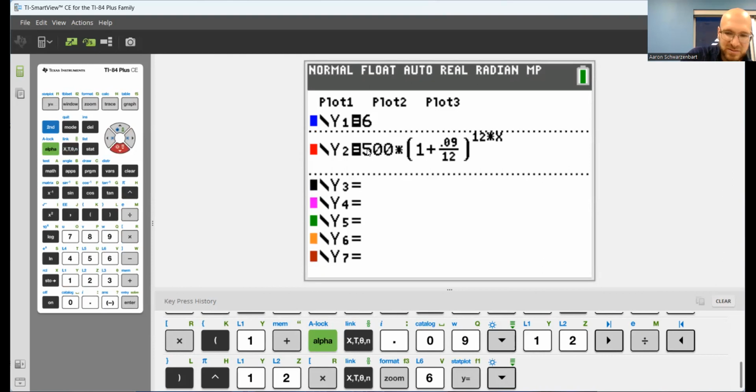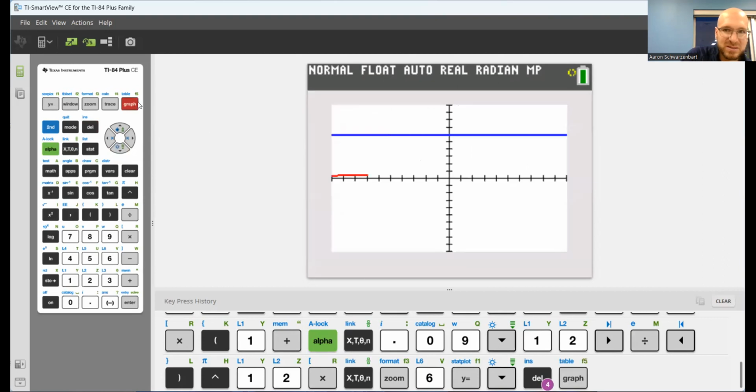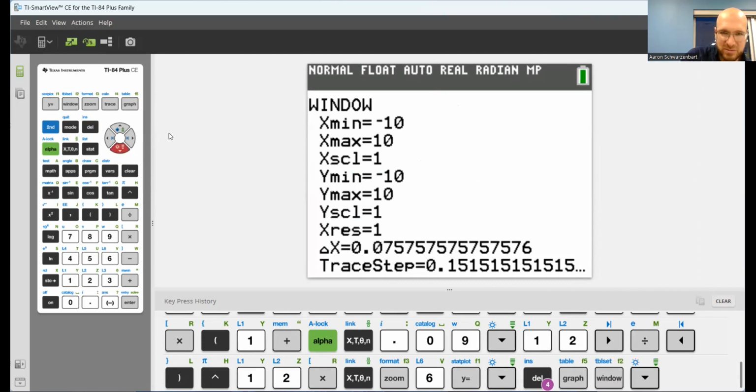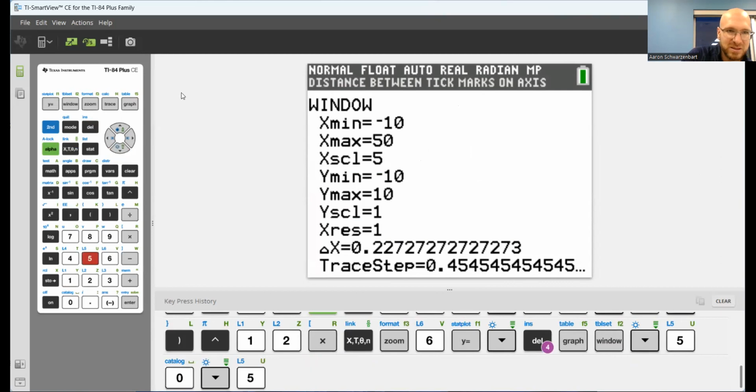I forgot my 500 was divided away. Now I should be able to see this. And it's not in the normal zoom. So I'm just going to make my x, and we're going to go up to 50. We'll do a scale of 5.